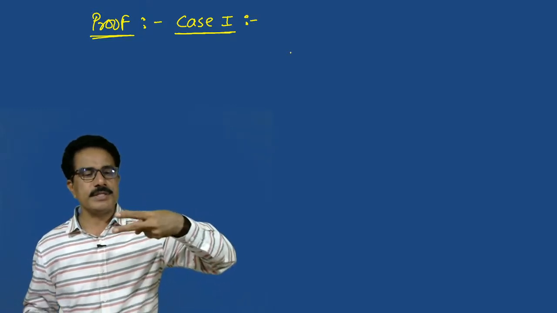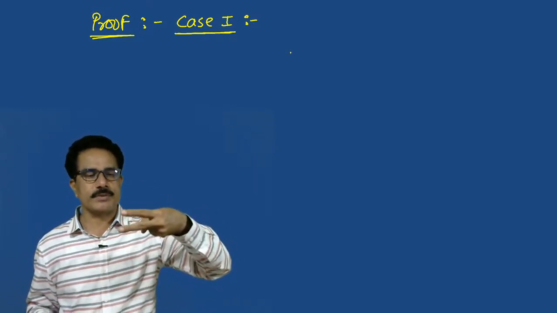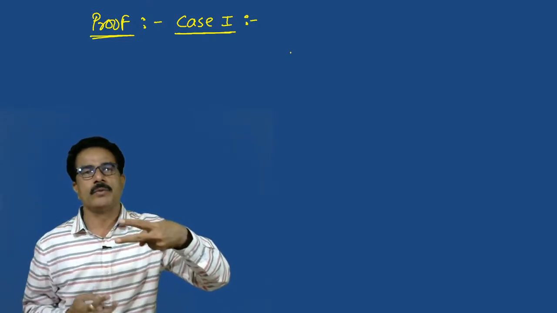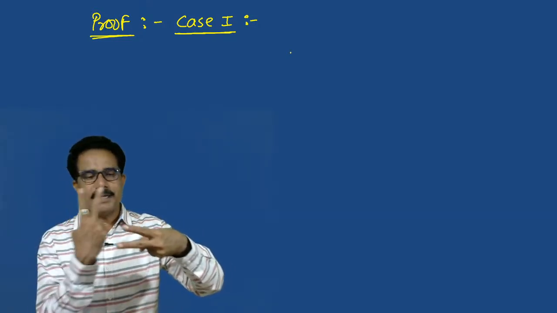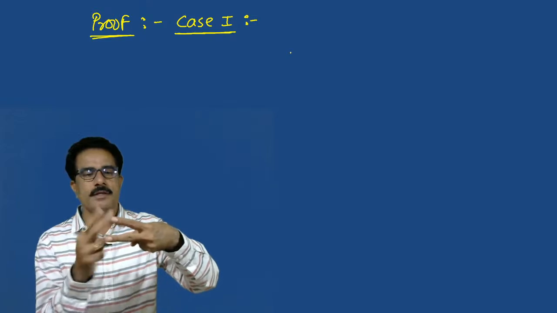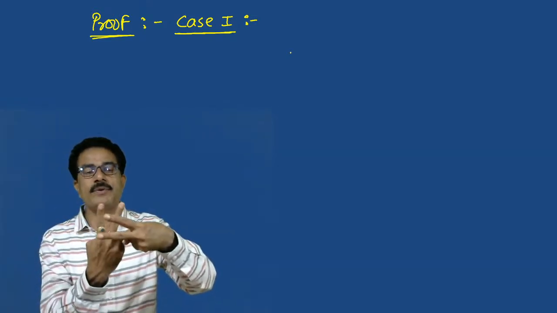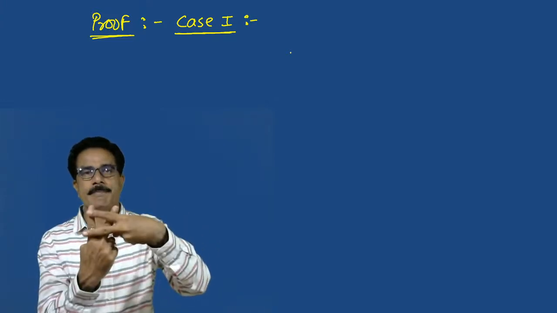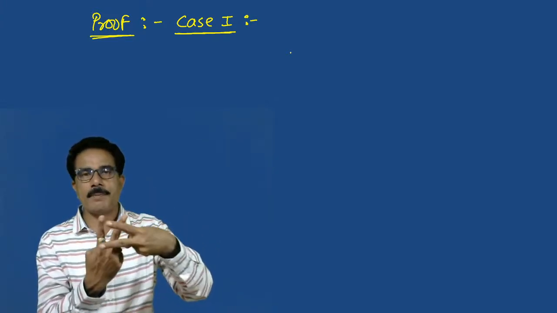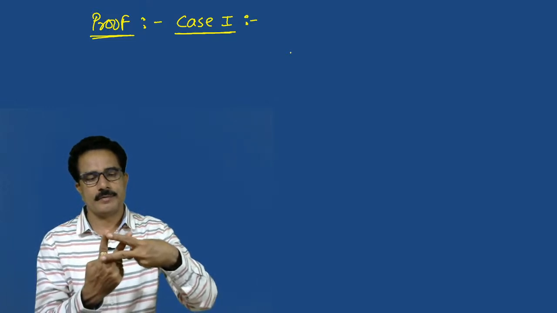Suppose this is one force, one couple F1, minus F1, there is another couple F2, minus F2. In this way they are not parallel to each other.